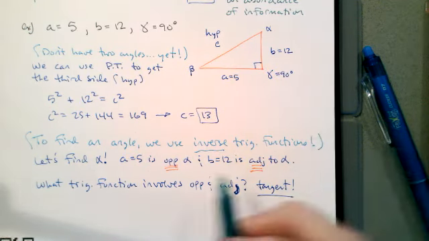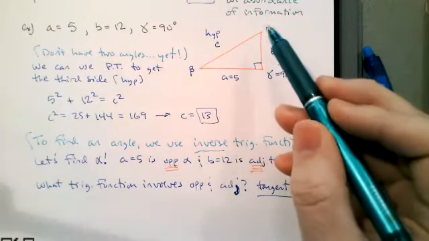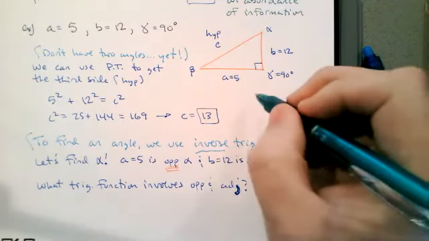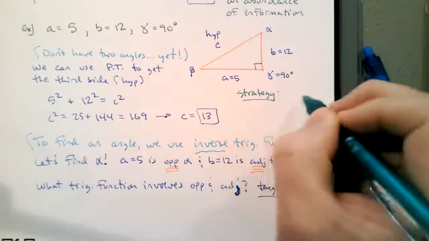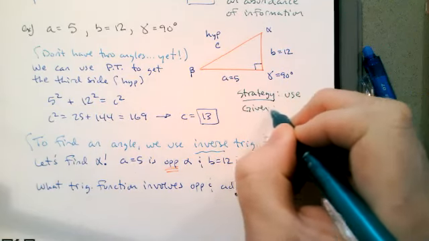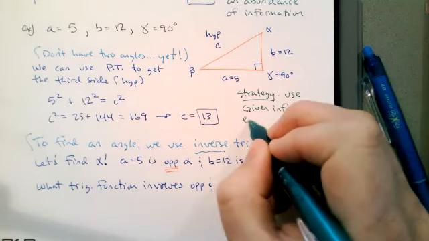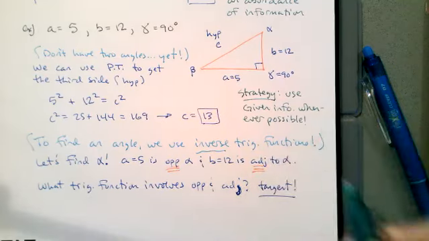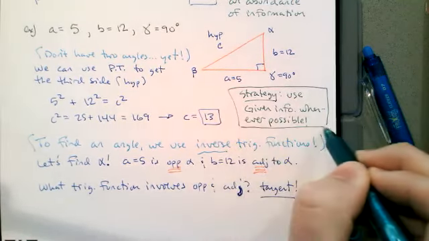So I'm going to use this. I chose opposite and adjacent because that was the information I was given relative to alpha. Sometimes we don't have this choice, but another strategy that we want to employ is to use the given information whenever it's possible.